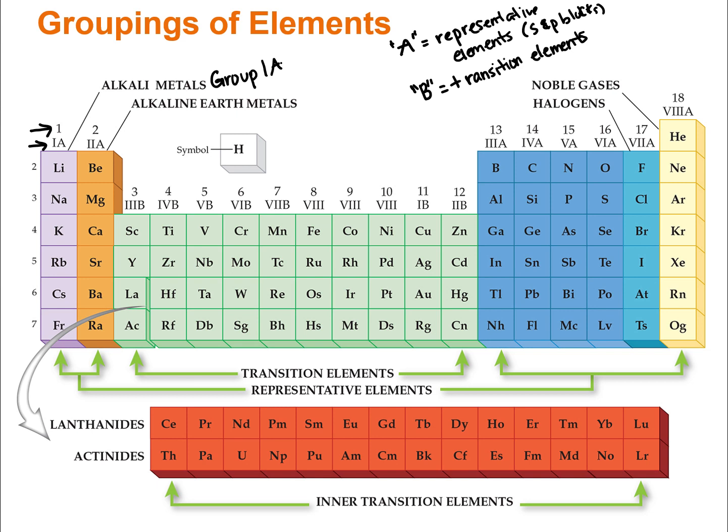They're very reactive. Group 2A, those are the alkaline earth metals. Again, my recommendation is that you recreate this periodic table and label everything. It'll help commit it to memory.